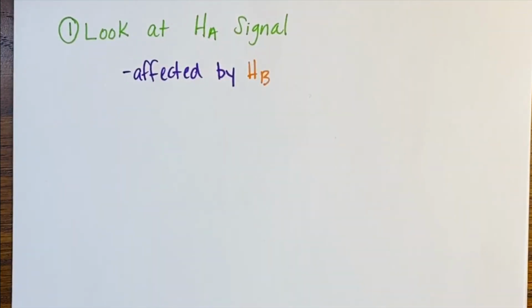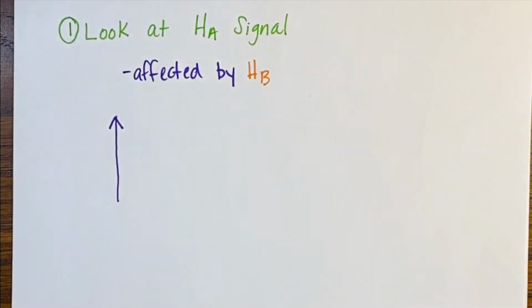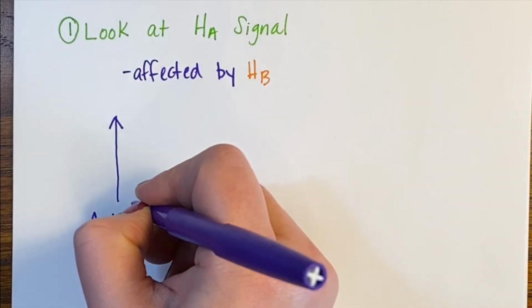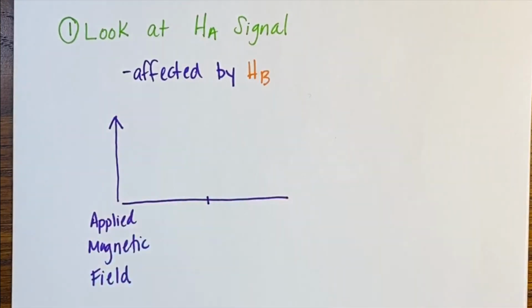Now, when we're analyzing our sample by NMR, we have an applied magnetic field that goes in this direction. And if we were to look at the signal for the protons HA, that original signal for HA, if it was unaffected by any other protons, would be right here in our spectrum.